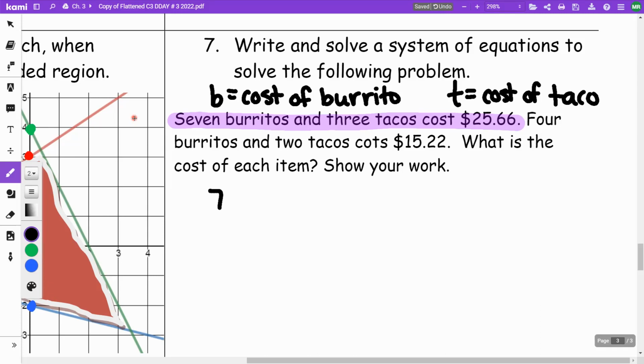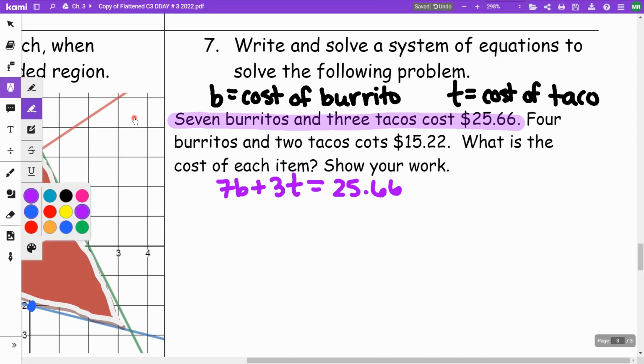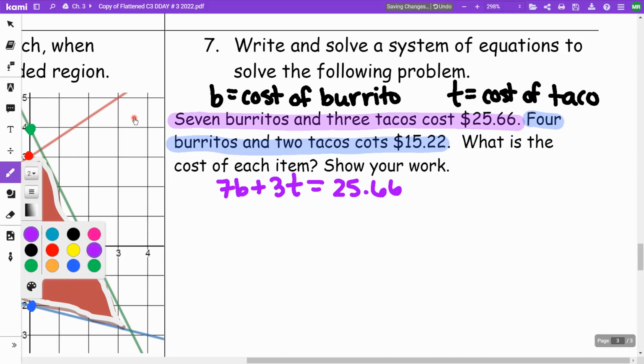So 7 burritos plus 3 tacos is equal to $25.66. The second equation, 4 burritos and 2 tacos is $15.22.